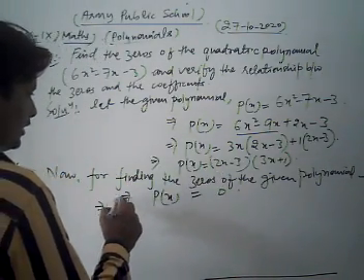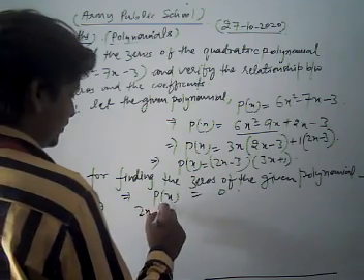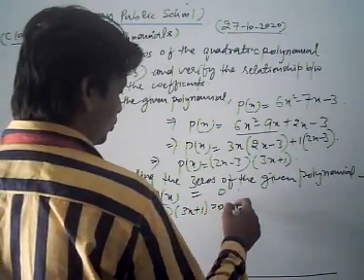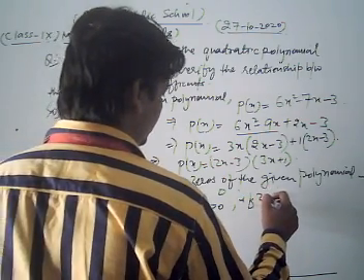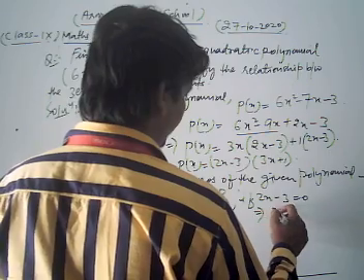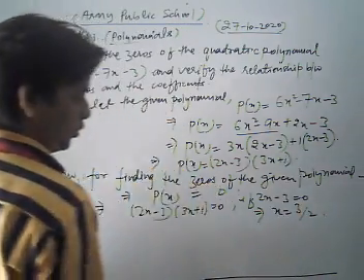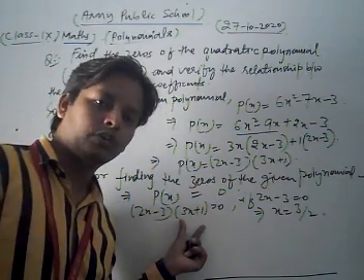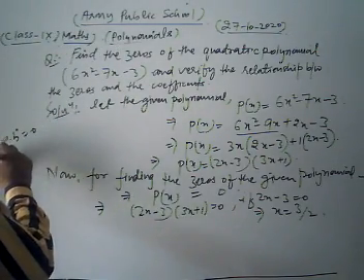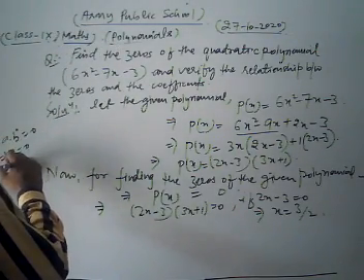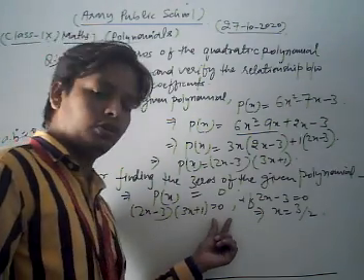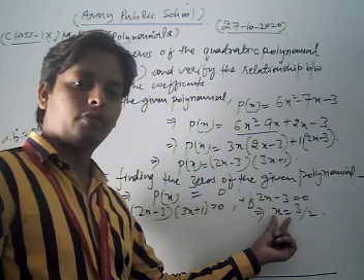That is, we can write (2x minus 3)(3x plus 1) is equal to 0. If a into b is equal to 0, then it is always a is equal to 0 or b is equal to 0. So first of all, when 2x minus 3 is equal to 0, from there we get the value of x is 3 by 2.